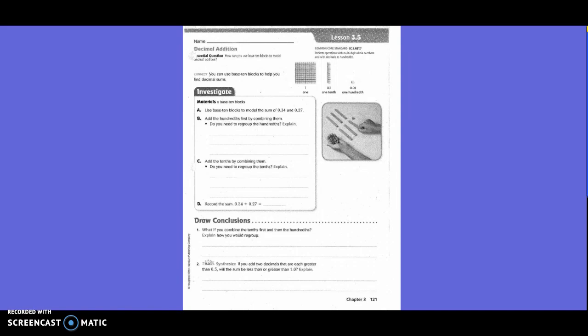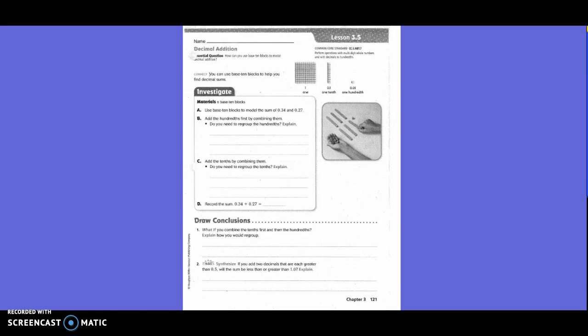Okay, so over here, how many longs would we have for 34 hundredths? 3, and then we would have how many small cubes? 4, right? And for 27 hundredths, we'd have how many longs? 2, and then how many small cubes? 7.